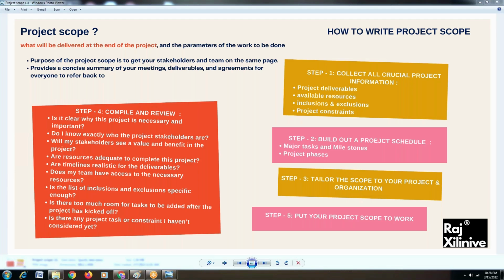So we must know what access we have as a team, to what extent we have access to the resources that are really required for us to work on the project when it is needed, because we don't require access all the time. When it is needed, we need to have it. Next, at the same time, we need to list out the inclusions and exclusions.